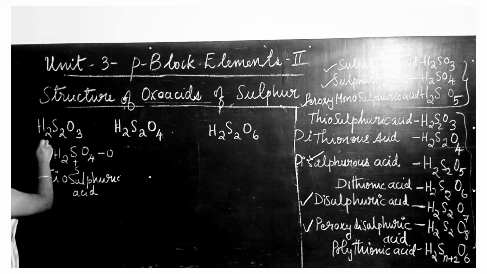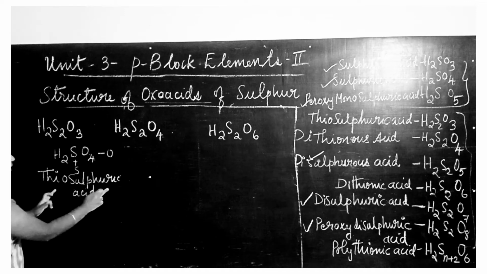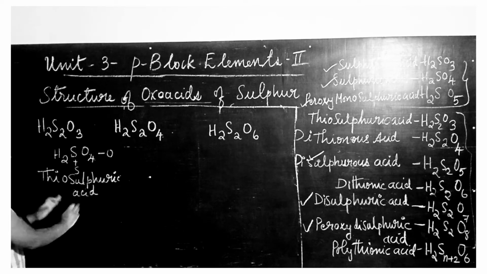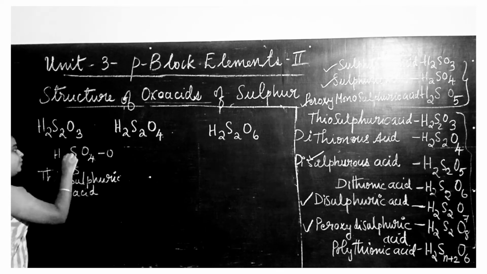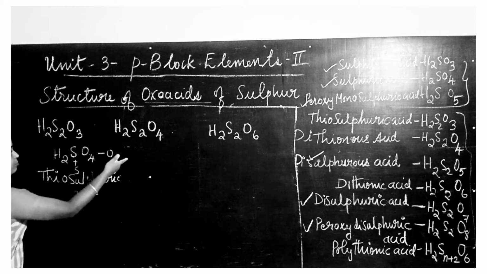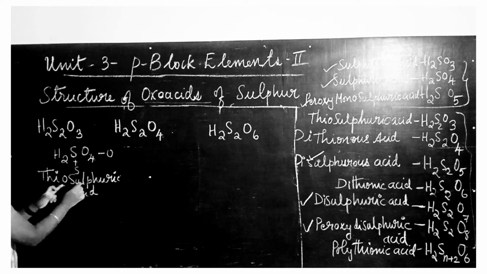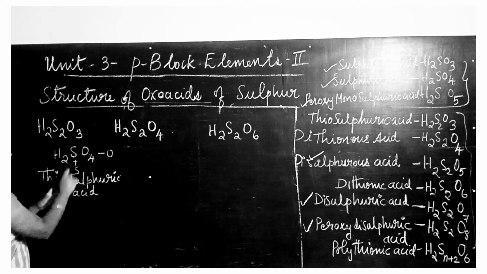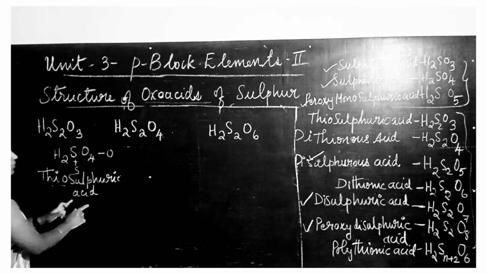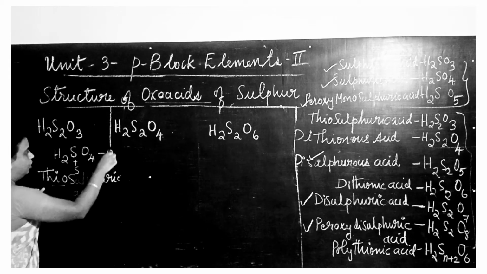Now the name of this H2S2O3 is thiosulfuric acid. How did you get the name? Because it is derived from sulfuric acid. An oxygen is removed and a sulfur is added. Because you add sulfur, the name is thio, and to sulfuric acid the sulfur is added, so it is thiosulfuric acid. Fine. So that is your name.